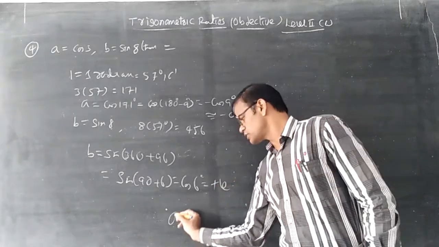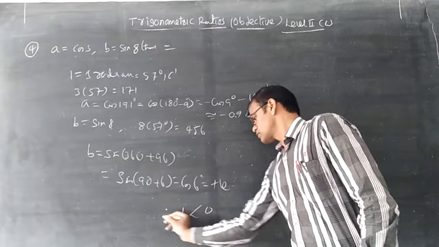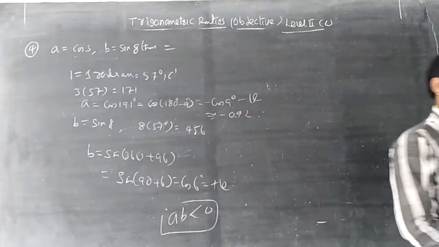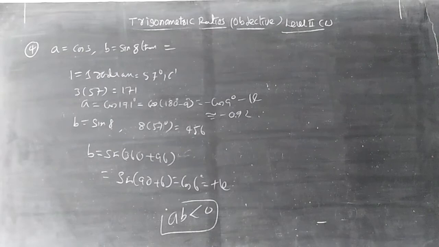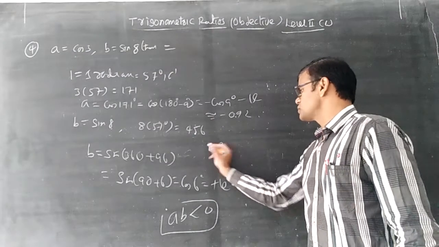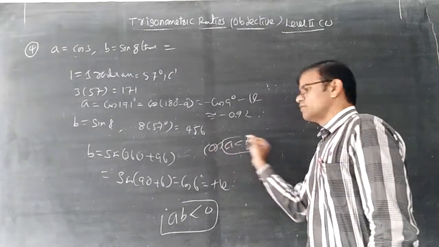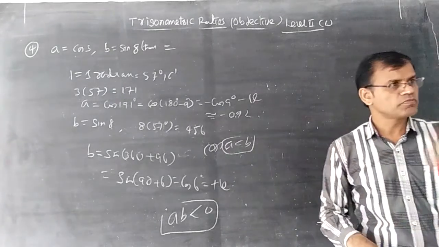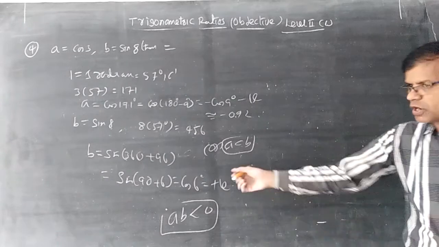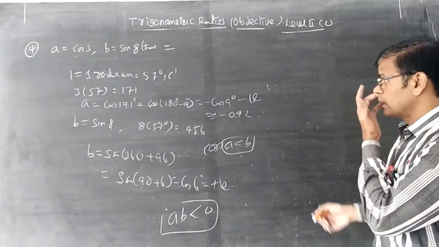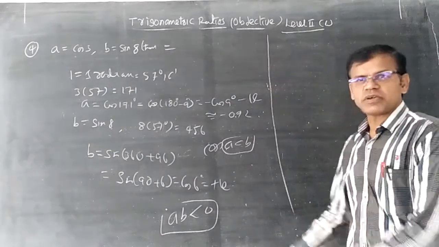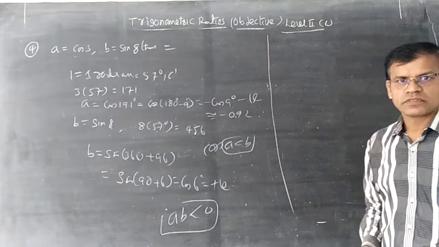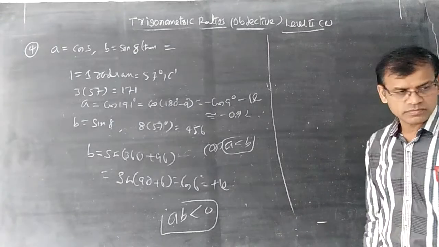So a less than b is the correct option. If this were an advanced question, 2 options would be right. In advanced, many options are there. This is a mains question. That is why a single option is correct.